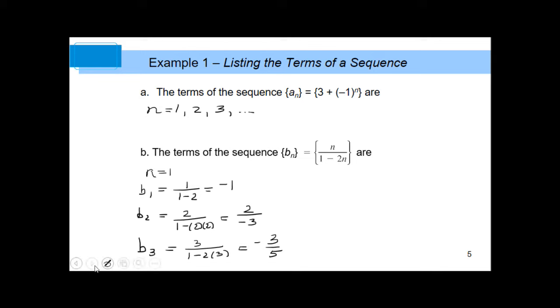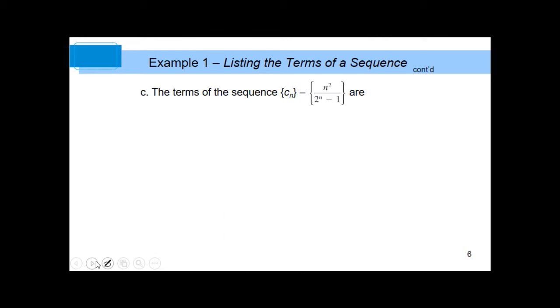Okay. So just a couple examples of some sequences. Another one, you'll notice you commonly will have powers. Sometimes the n is in the power, like in this case. So for this sequence C sub n, our C sub 1 term is going to be 1 squared over 2 to the first minus 1. So that's going to be 1 over 1.